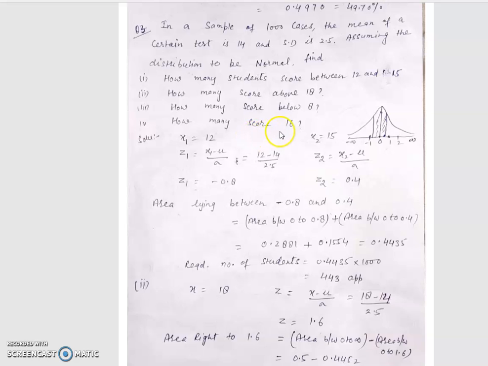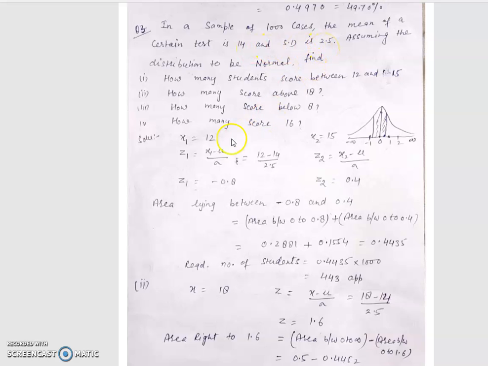The first point is to find the score between 12 and 15. Therefore, x1 equals 12 and x2 equals 15. Then z1 is (x1 minus mu) upon sigma. Mu, the mean, is 14 and the standard deviation is 2.5.